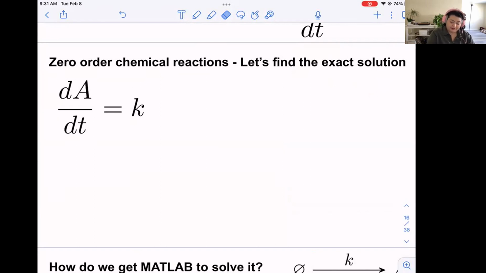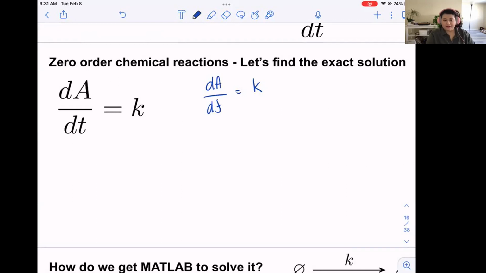We'll go through it together. I'm just going to rewrite my differential equation here. Because A is produced at a constant rate K, the differential equation is just the reaction rate parameter K.